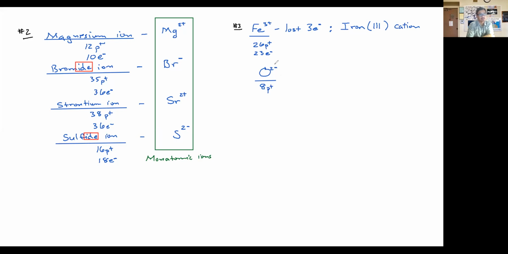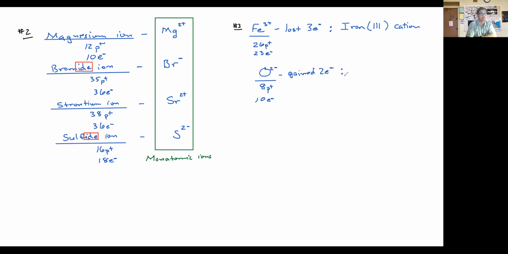But this particular ion has an excess of 2 negative charges. So we should expect the ion formed for oxygen to have 10 electrons. And so, in order to do so, it has gained 2 electrons.